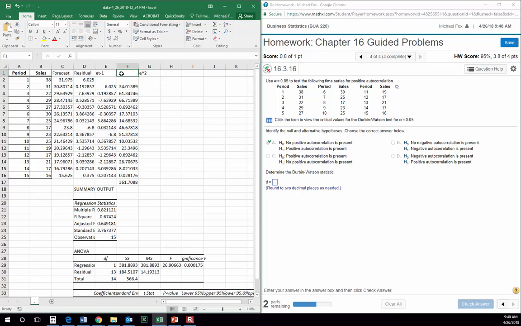So really this is E minus E t minus 1 squared, if we were going to put a heading on there. Our E squared is just the residual squared. And the sum of that is going to be our denominator for the D statistic. So our Durbin-Watson statistic D is going to equal 1.96.